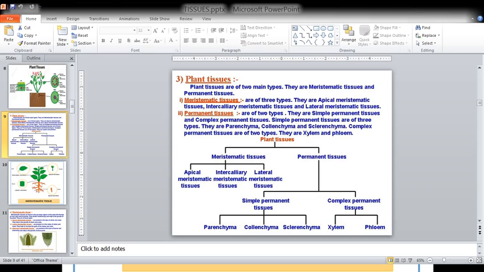See, as they are present on the tip of the root and the tip of the stem, these tissues are responsible for the growth, that increases the length of the stem and roots. Got it what I am saying? That increases the length of the stem and the roots.